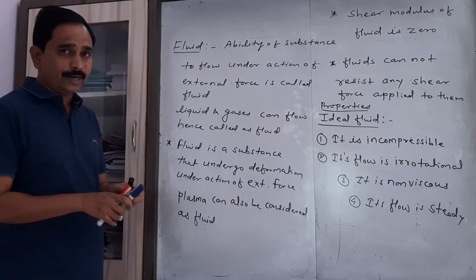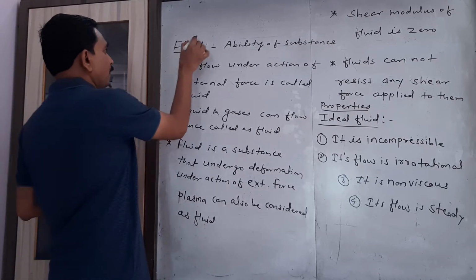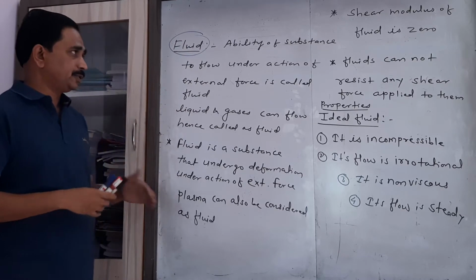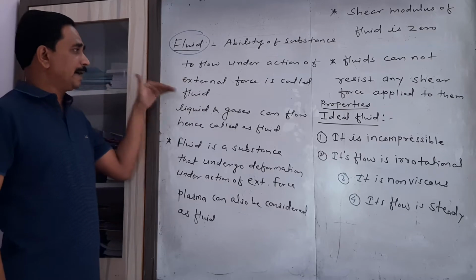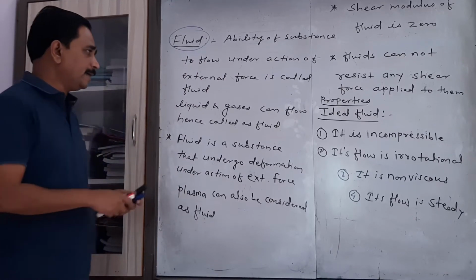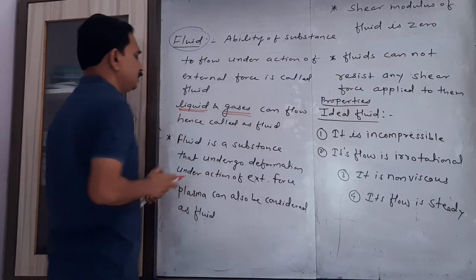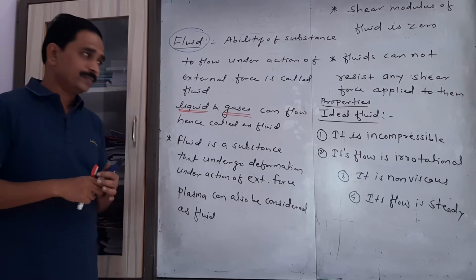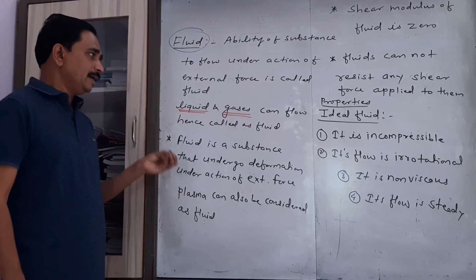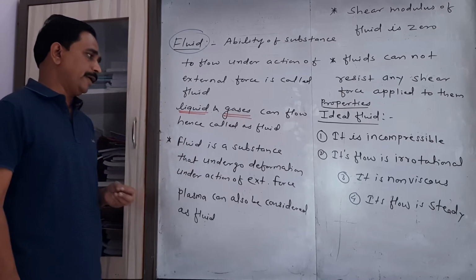So keep in mind the first definition from this chapter: what do you mean by fluid? Simply, the ability of the substance to flow under the action of external force is called fluid. And all of you know that out of the states which we know well, liquids and gases can flow. That's why they are considered as fluids. So in general, liquids and gases are combinedly considered as fluid.